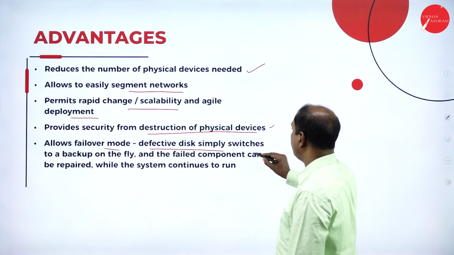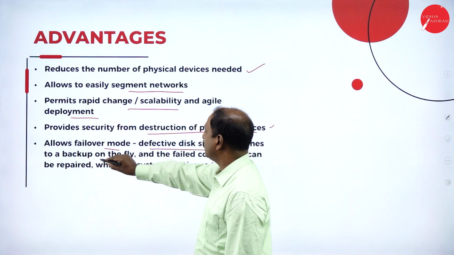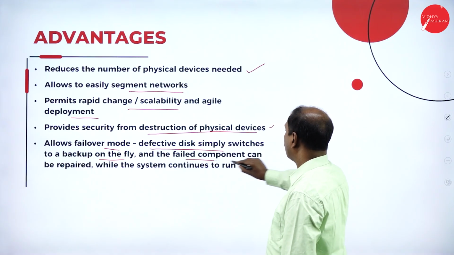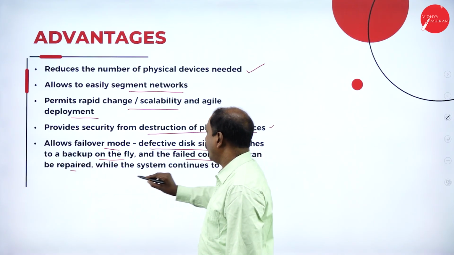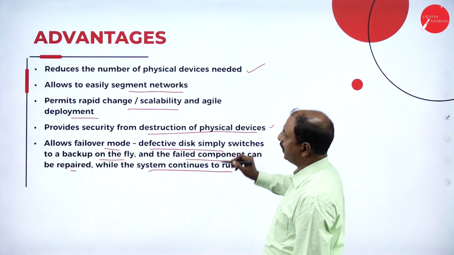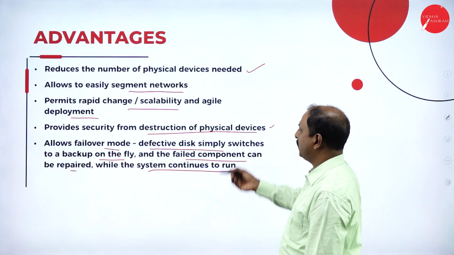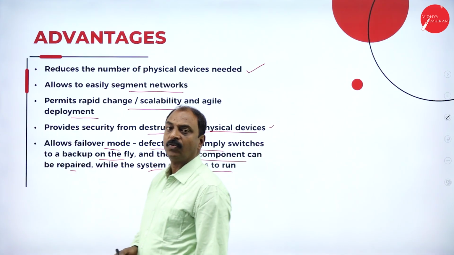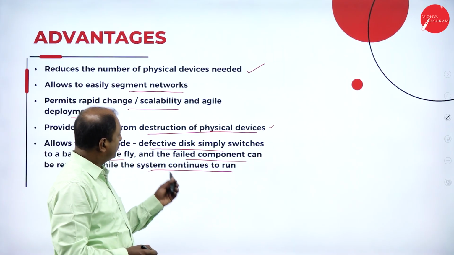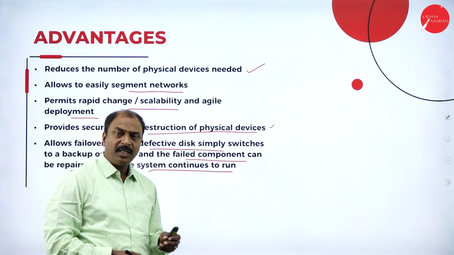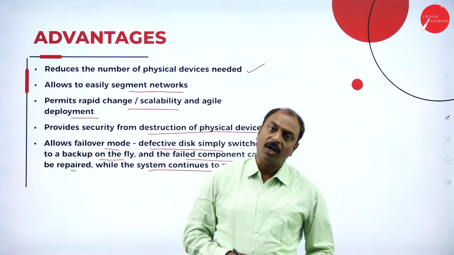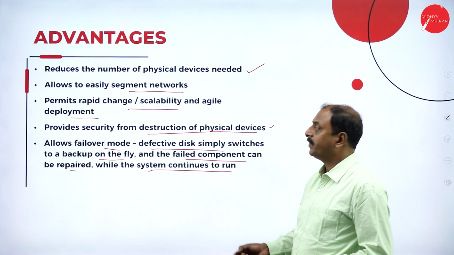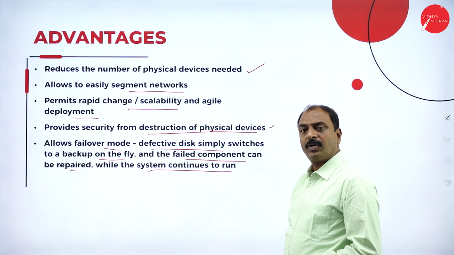A defective disk simply switches to a backup on the fly, and a failed component can be repaired while the system continues to run. So if any of the devices is not functioning, it can be serviced and repaired. In the meantime, the network will be on. It is running continuously. These are the advantages of network virtualization.